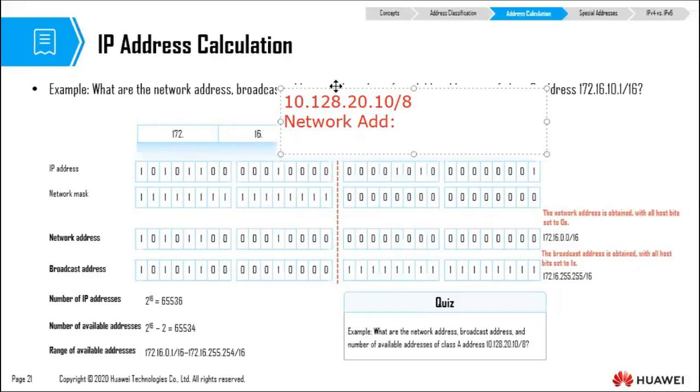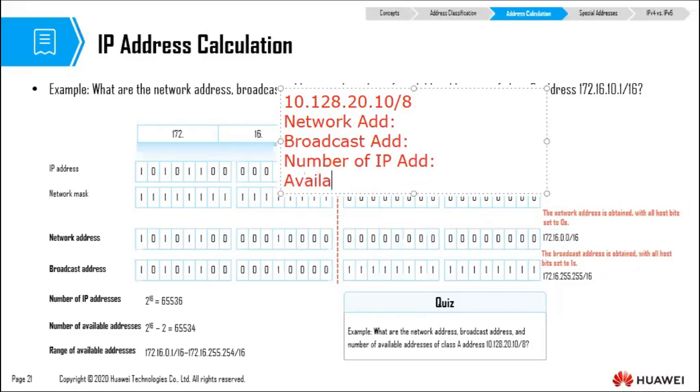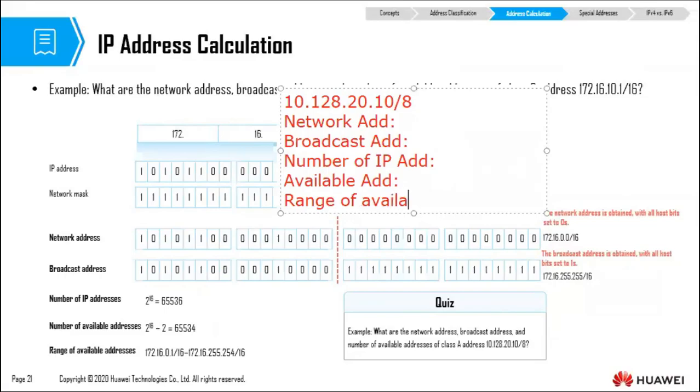We want to find the broadcast. We are doing this, by the way, in discussion. So join up. Number of IP addresses, available addresses, and lastly, range of available addresses.